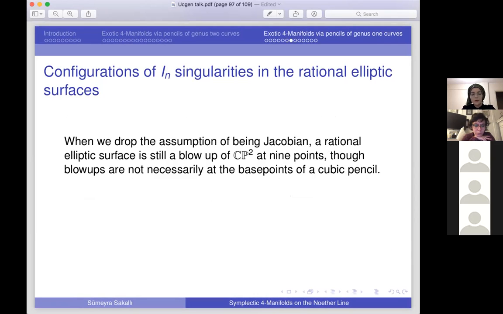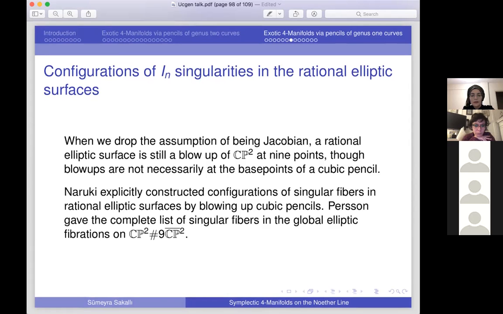And if you drop the assumption of being Jacobian, then a rational elliptic surface is still a blow-up of CP2 at 9 points. But in this case, the blow-ups may not necessarily be at the base points. You may do blow-ups at other points. It is a difference, but in general, we work with Jacobian surfaces.